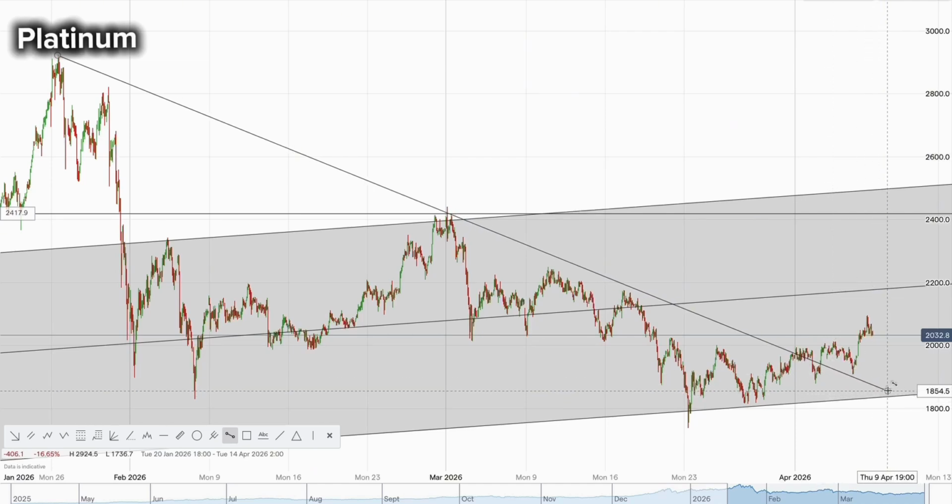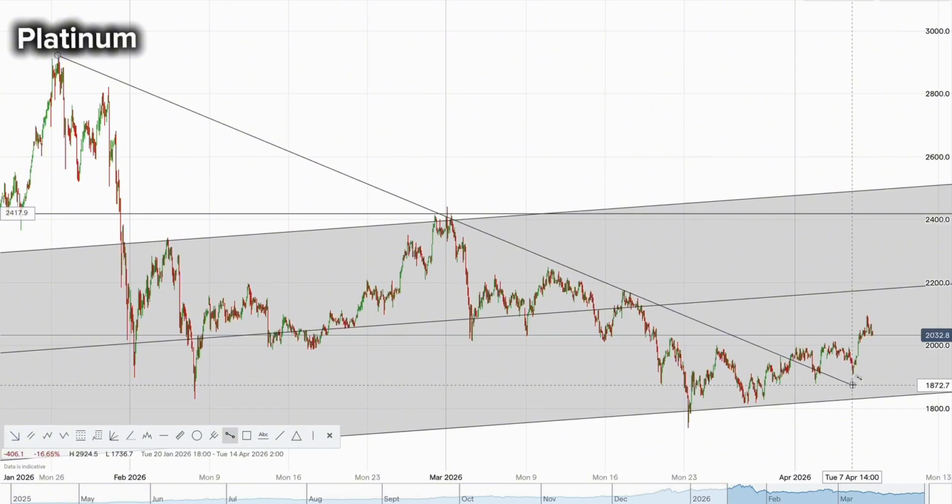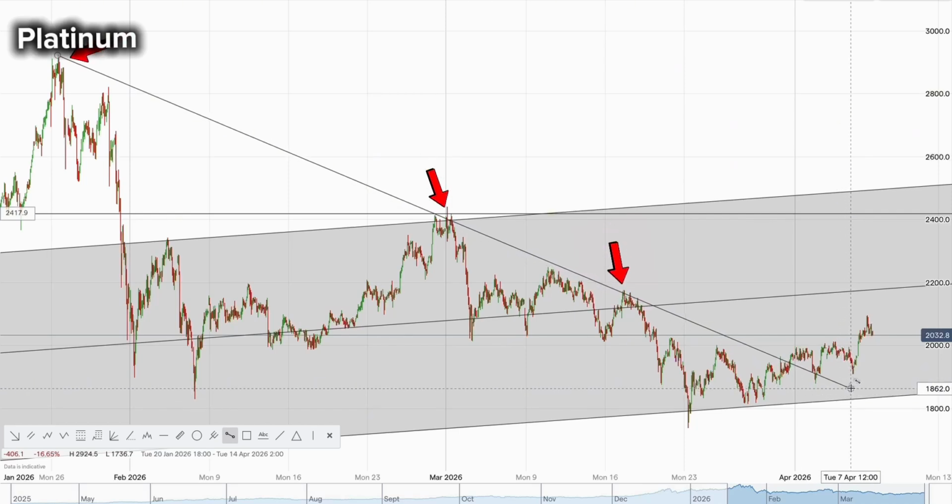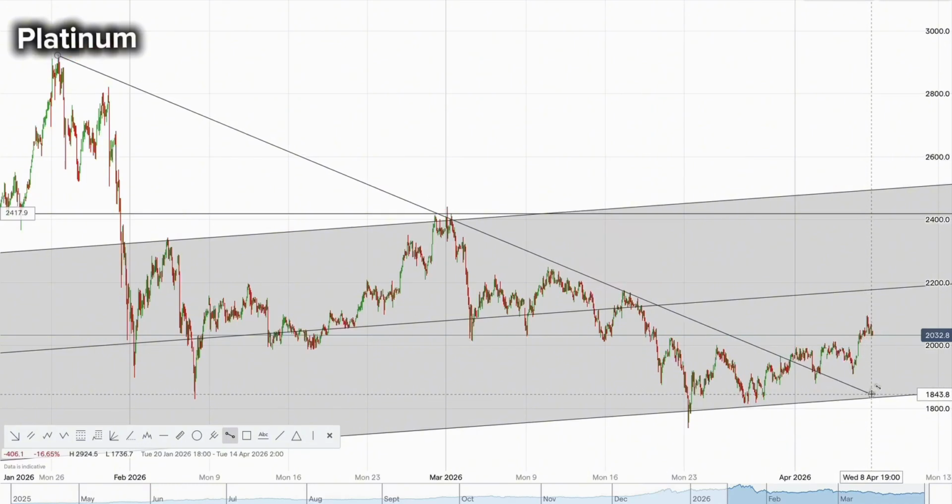You can see where it's touched the top, which is roughly about the 2,900 area, and then pull the line down you can see it's touching the top of your channel, which is roughly about 2,400, and then you are at the bottom of the channel, which is about 1,800.